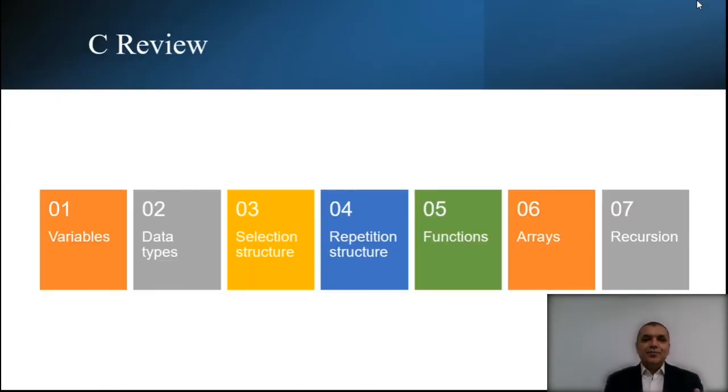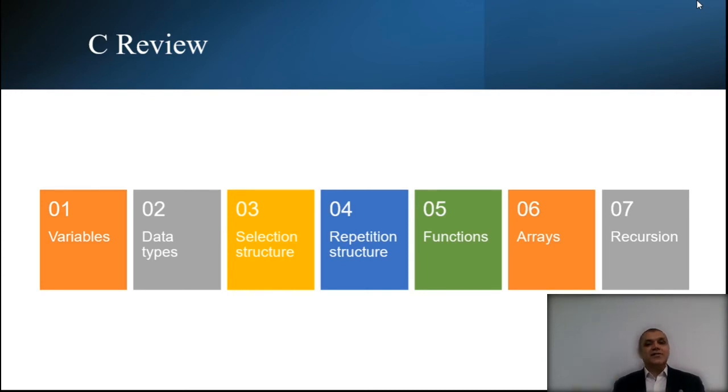So here we go. For the C review, as we already discussed, there are the different data types, the variables, the different syntax, how we can go for selection structures, and repetition structures, which are known as loops, which we discussed in our previous lecture. There are also functions like if and else, and other functions.